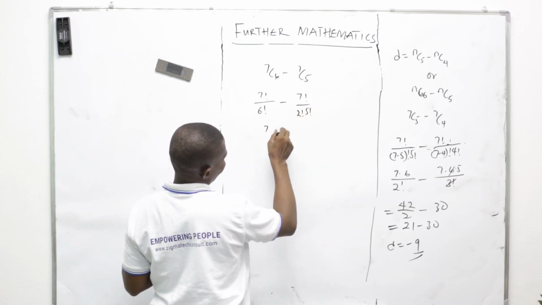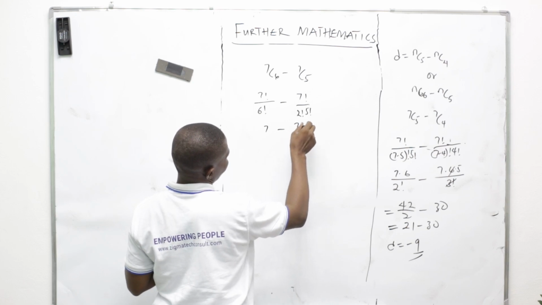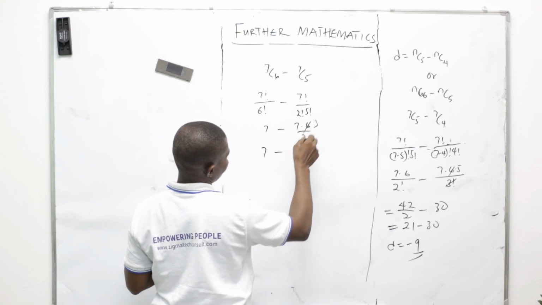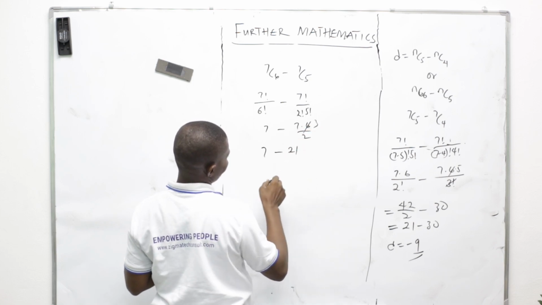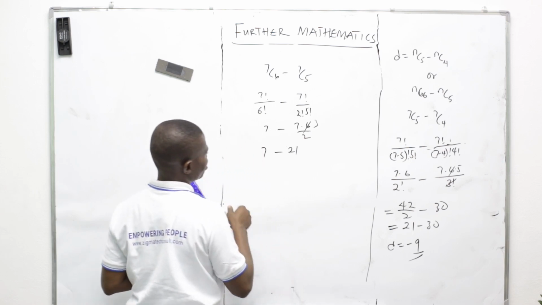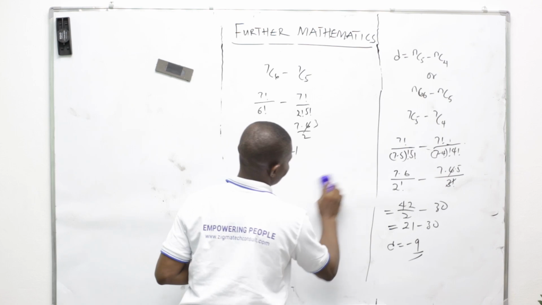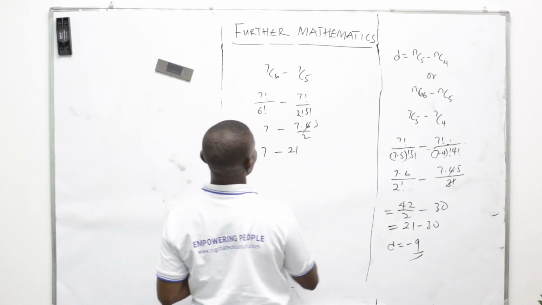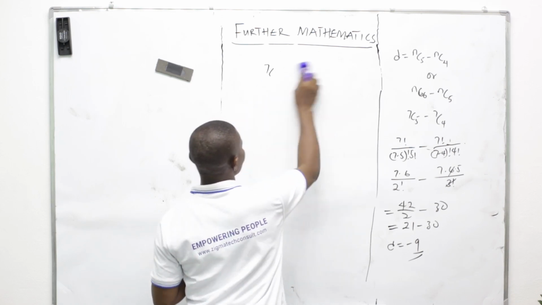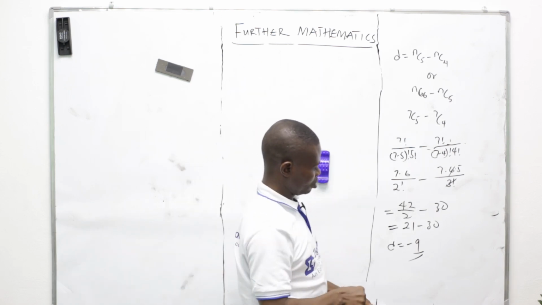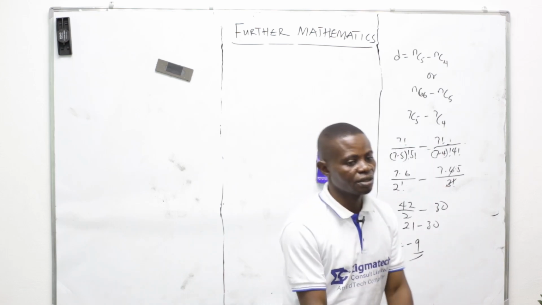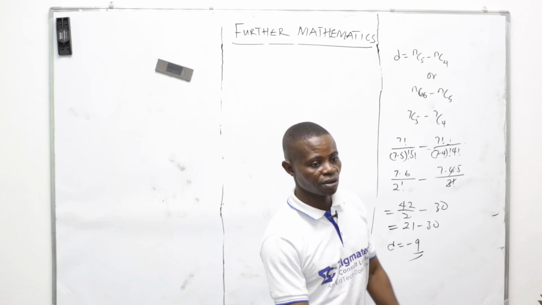This is 7 minus 7.6 all over 2. 7 minus, this is 3, 21. So we have the value of n. n is 7 or 14.